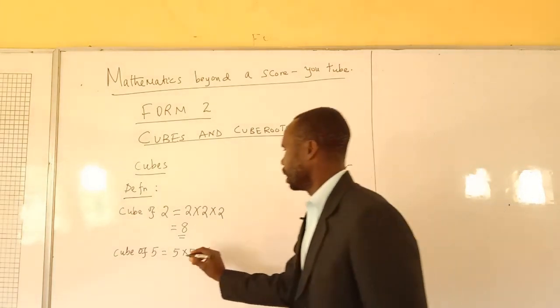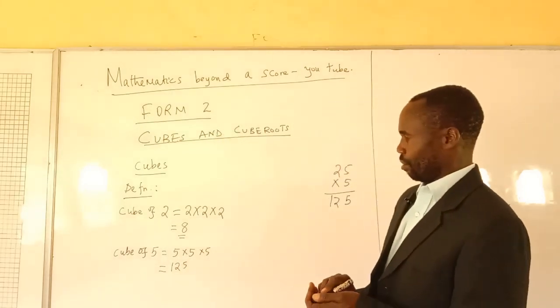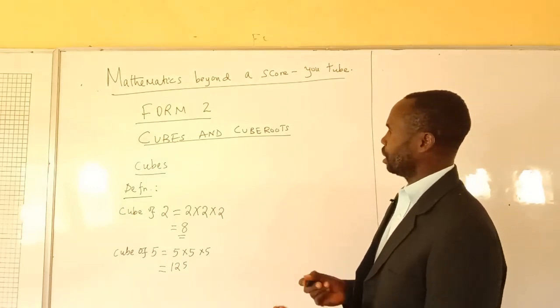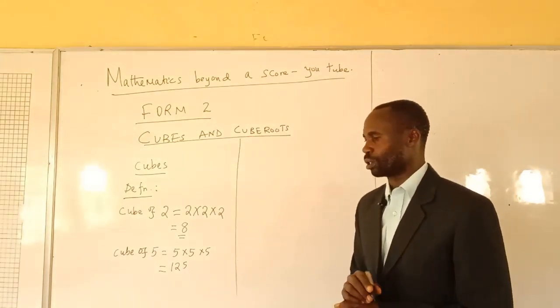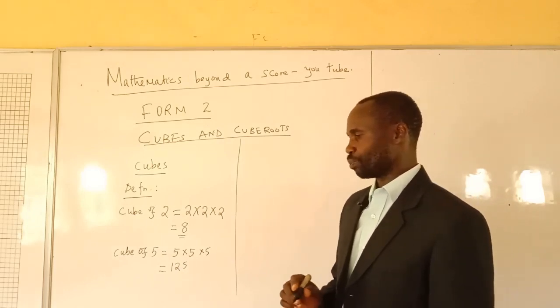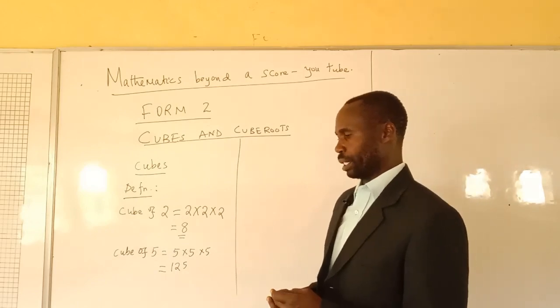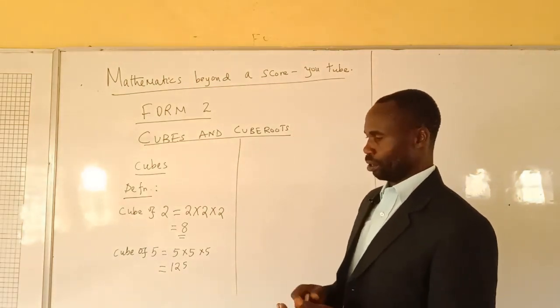So the answer here is 125. That is the essence of cubes. So when we calculate cubes, we can calculate cubes by multiplication, and we can calculate cubes by use of cube tables.